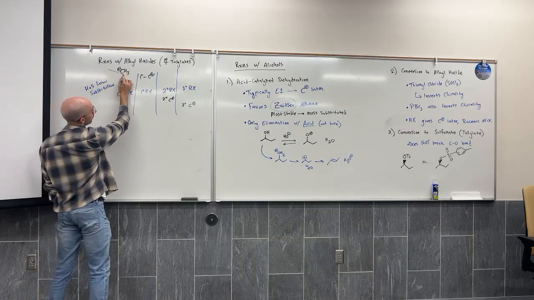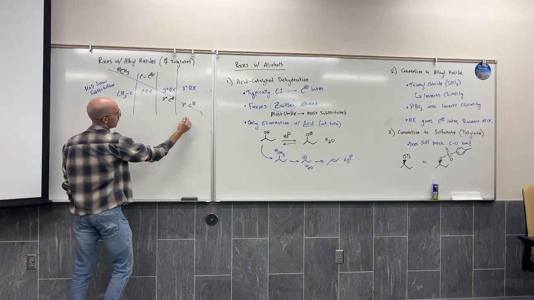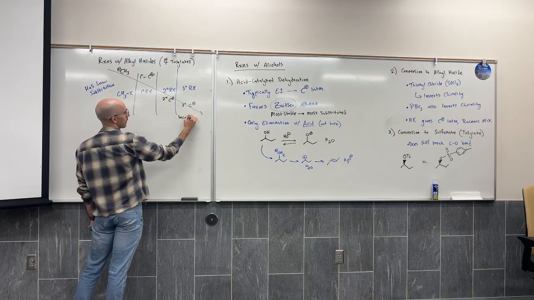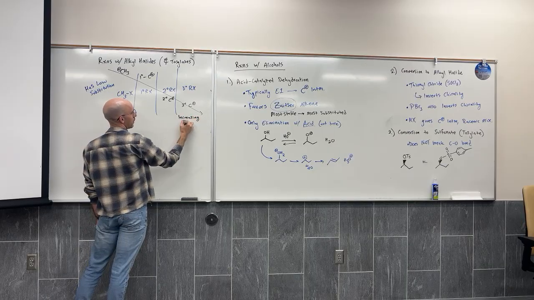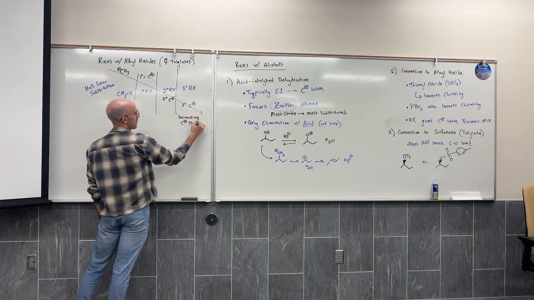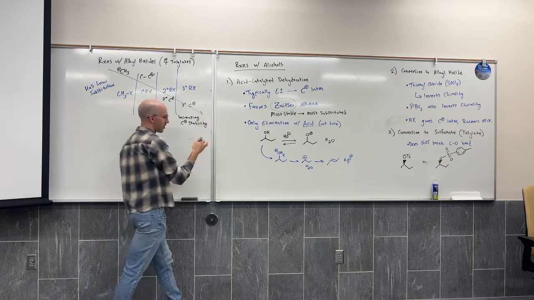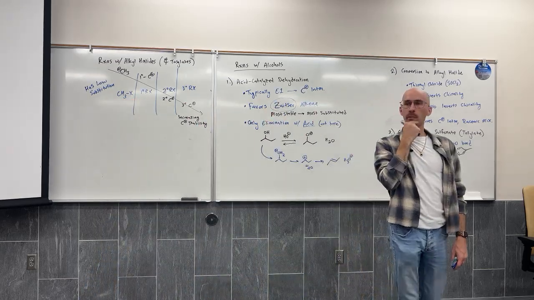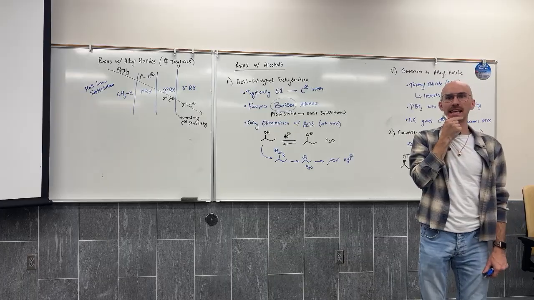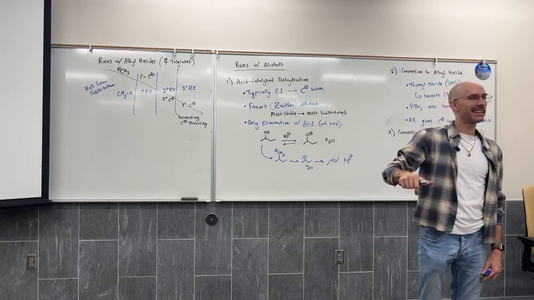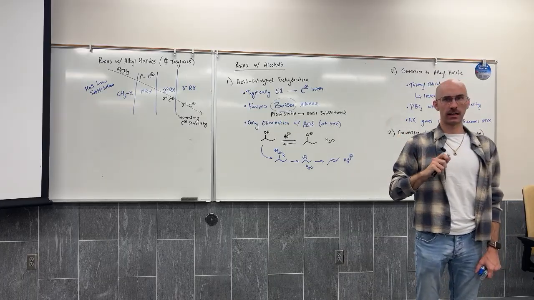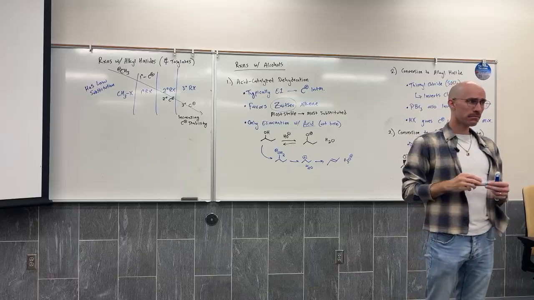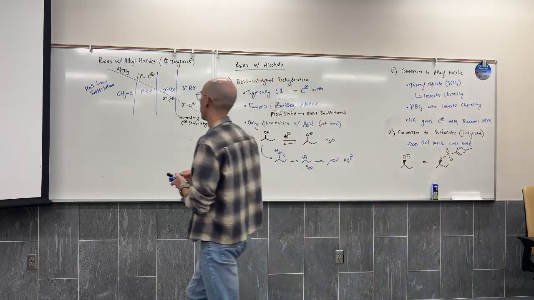So as we move from left to right, we see increasing carbocation stability, which means some alkyl halides may react by a carbocation intermediate. And it's more likely that it's the more substituted alkyl halides that react by a carbocation intermediate.